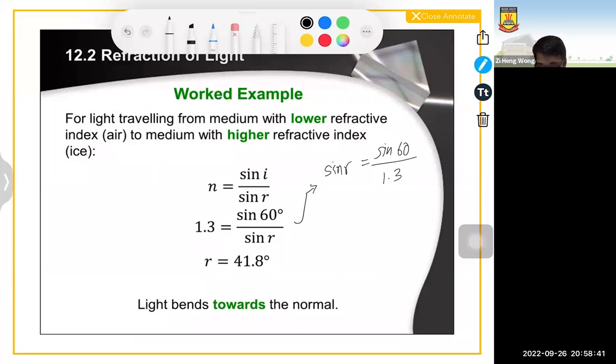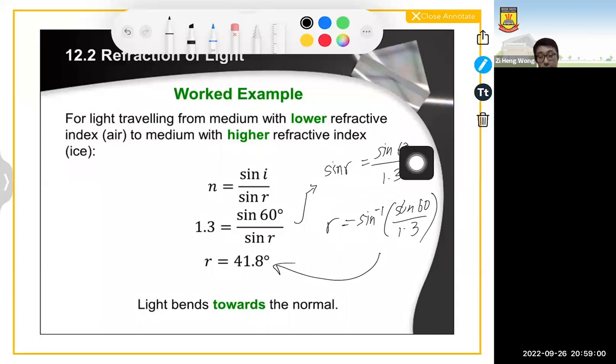Then r equals sine inverse of sine 60 over 1.3. Then you will get the answer. Sometimes people forget to do the sine inverse. They compute sine 60 over 1.3 and take that as the answer. That's the key thing to take note of.